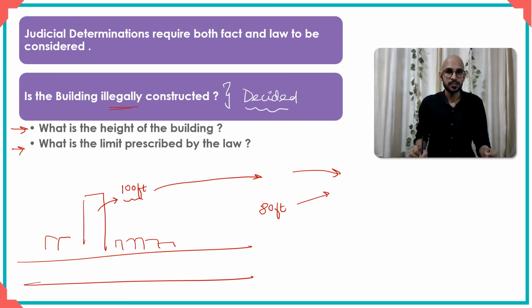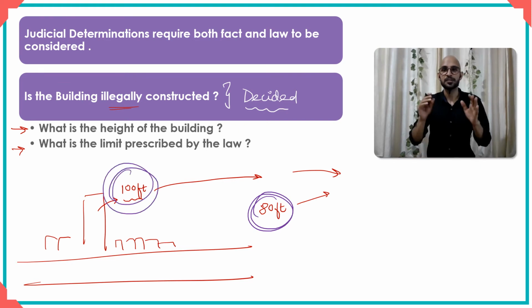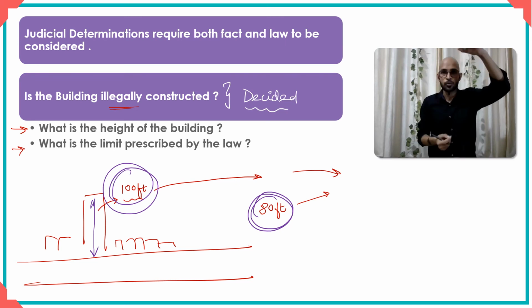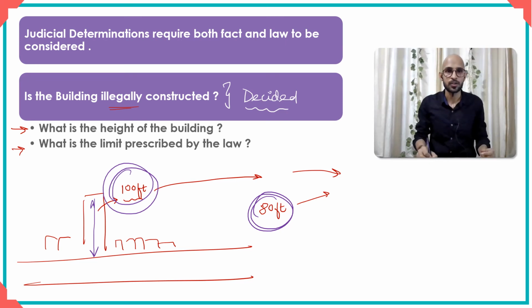But I hope you understand that one of these is a question of fact and one of these is a question of law. Which is the question of fact? The question of fact is the question whose answer is a fact. So the height of this building, just take a measuring rope and calculate the height and you get 100 feet. It's a question of fact.